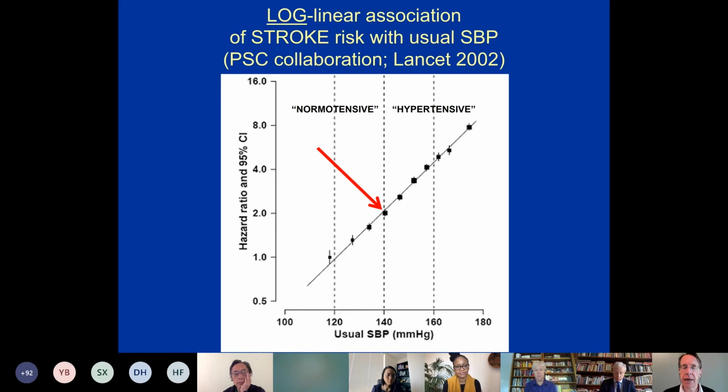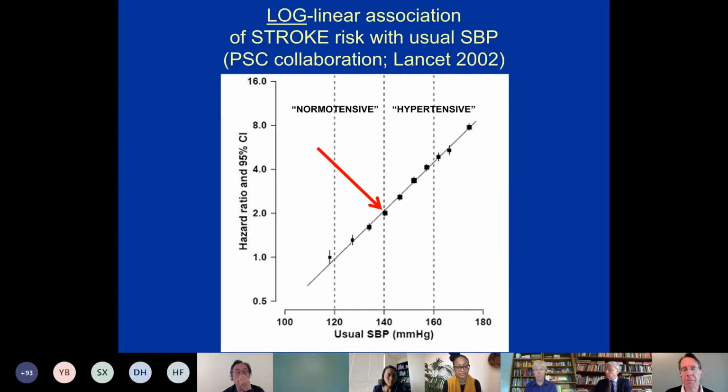And the interpretation of that is that throughout the range studied, the same absolute difference in blood pressure is associated with the same proportional difference in risk throughout the range. So the idea that where that red arrow is, at a systolic of 140, there is some magical difference in the association really disappears if one looks at the data in this different way.